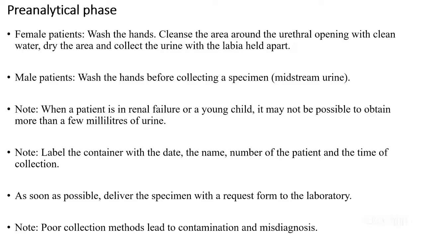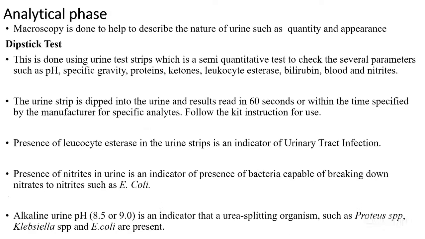The urine container should be labeled with the date, the name of the patient, the location, and the time of collection. Then this specimen should be taken to the lab as soon as possible, mostly within an hour, so that there will be no overgrowth of the bacteria if there is any. And also note, poor collection methods lead to contamination and misdiagnosis.